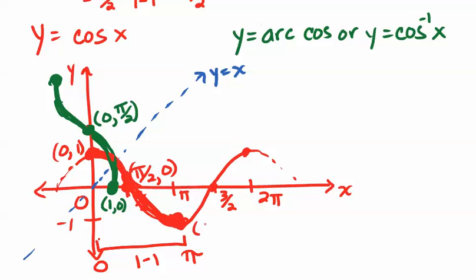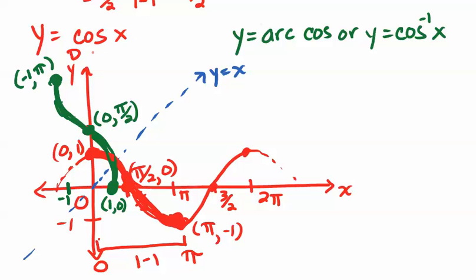And our endpoint was at pi, negative 1. So of course on our inverse, we've got to go all the way over to negative 1, pi. So notice that the domain of one function, again, became the range of the other. So let's see if we can label those very quickly here.